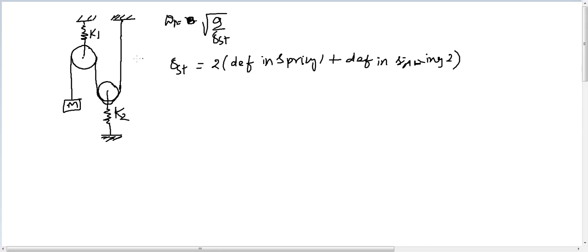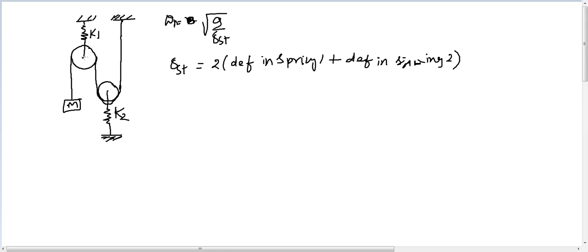It is because, for example, this spring 2 is gone up by an amount x, so the total amount of rope that will be coming towards this side will be 2x, right?